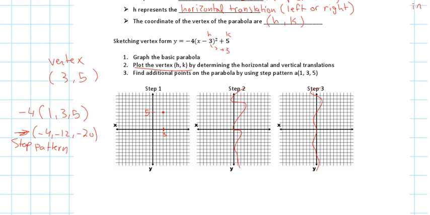Then you're going to locate your next points by using your step pattern. The step pattern says -4, so that means I have to go down 4, and it's always over 1. So I'm going to go down 4, 1, 2, 3, 4, and I'm going to go over 1 to both sides. So this is where my next points are.